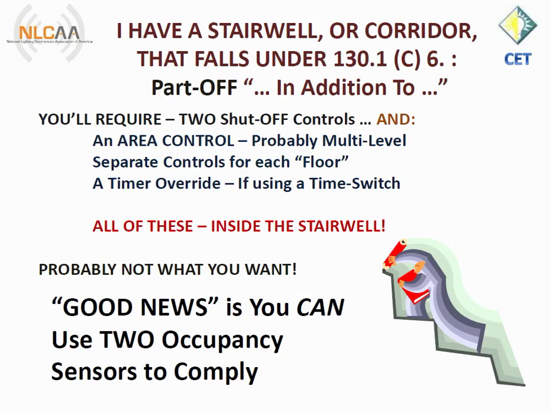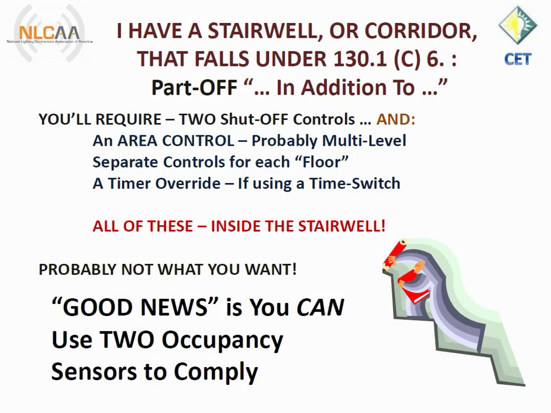Well, one of the places that is not excluded from this is stairwells or corridors not serving hotel, motel, guest rooms, or dwelling units. So you're going to require 2 shutoff controls and an area control. And they want the area control in the area, believe it or not.